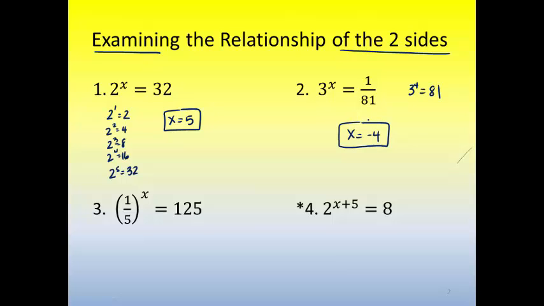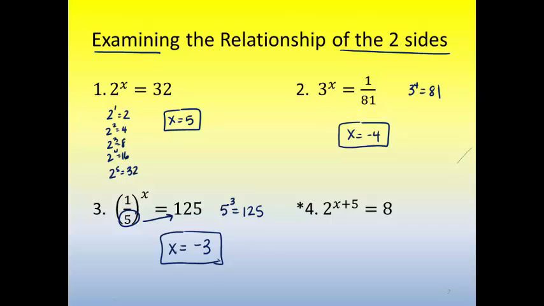Very similar is this one, where I have 1/5 to the power of x equals 125. I'm going to consider how 5 is related to 125, and I know that 5 cubed equals 125. But this took it from a 1/5 to a 125, so x doesn't equal 3, x equals negative 3.